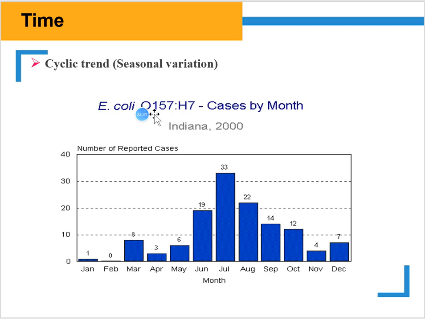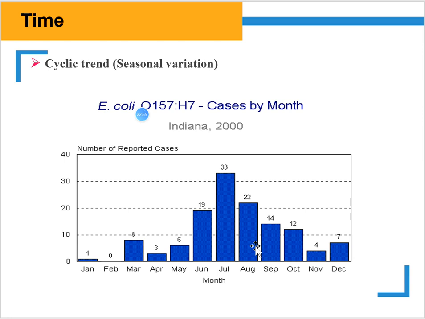This is the distribution of diarrhea caused by E. coli O157:H7 in Indiana in 2000. The abscissa is month. The ordinate is the number of reported cases.